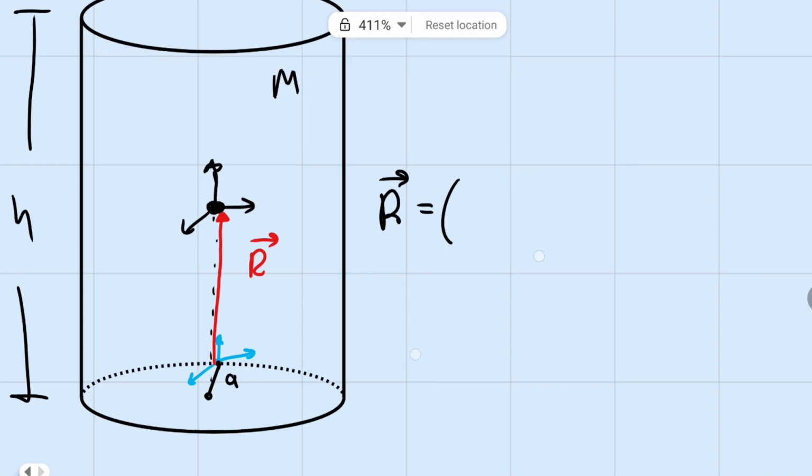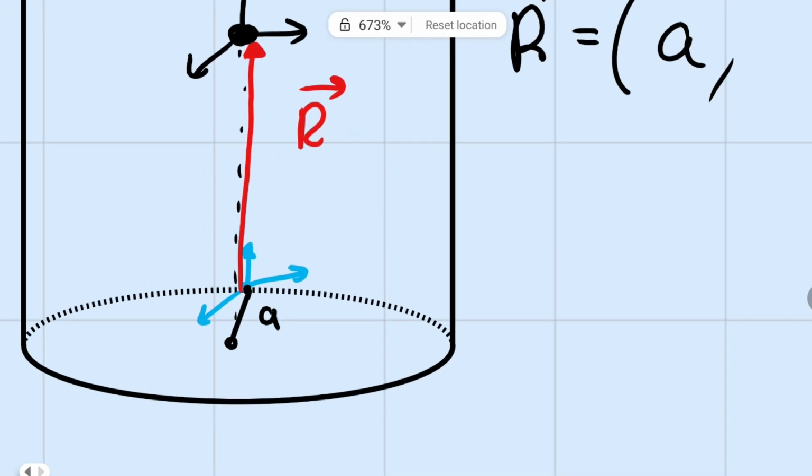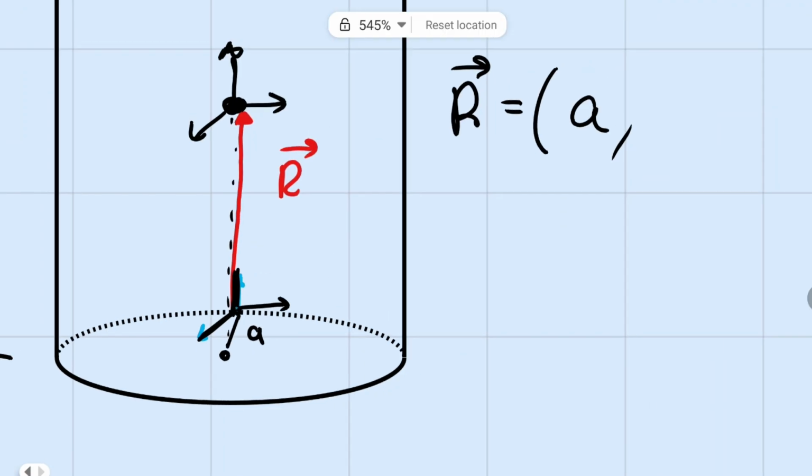So the x coordinate is a. Then for the y coordinate, these coordinate systems are parallel. Maybe this drawing doesn't help too much, but if we measure y in this direction, we see that in the y coordinate these two coordinate systems are located at the same point.